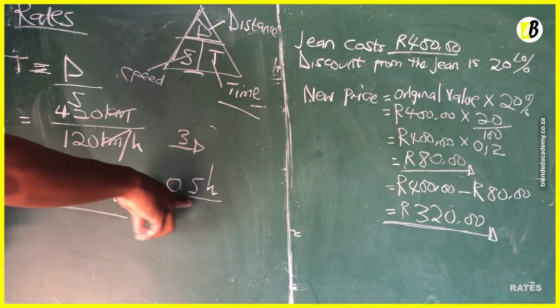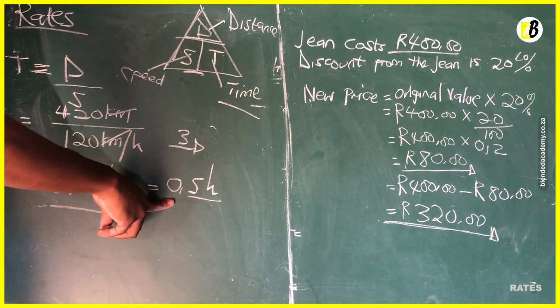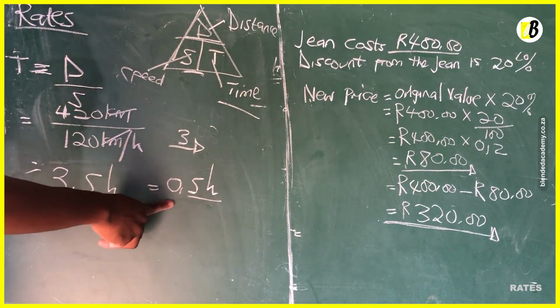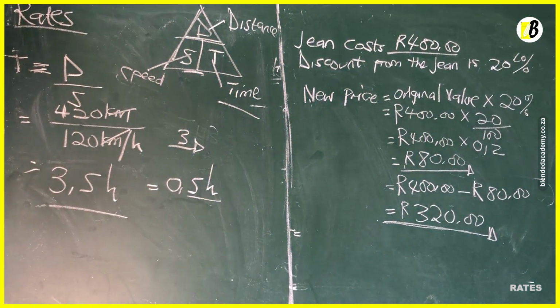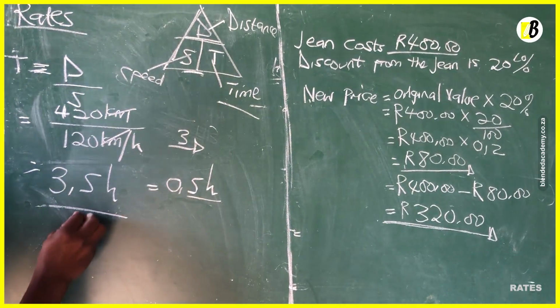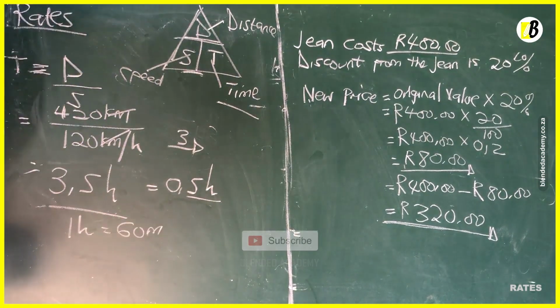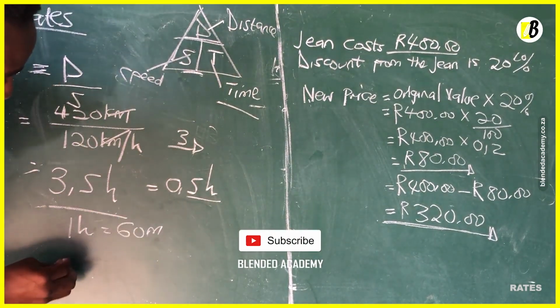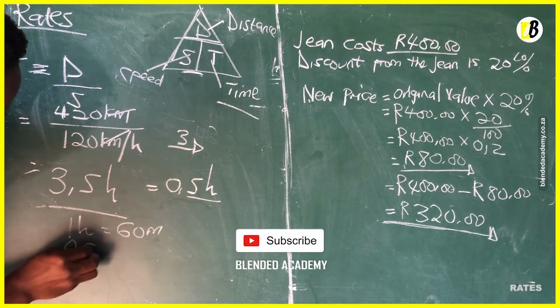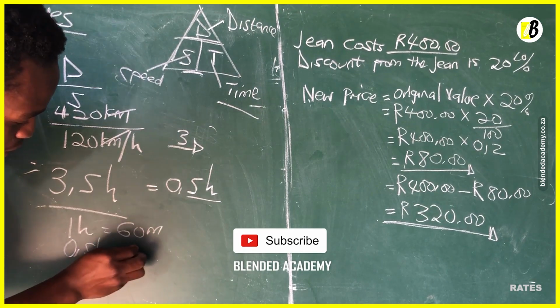But we have to convert this into minutes because it's in decimal form. We all know that 1 hour equals 60 minutes. And then 0,5 hours will be equivalent to what?